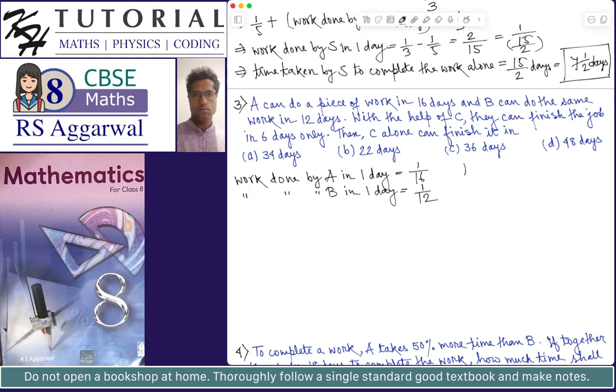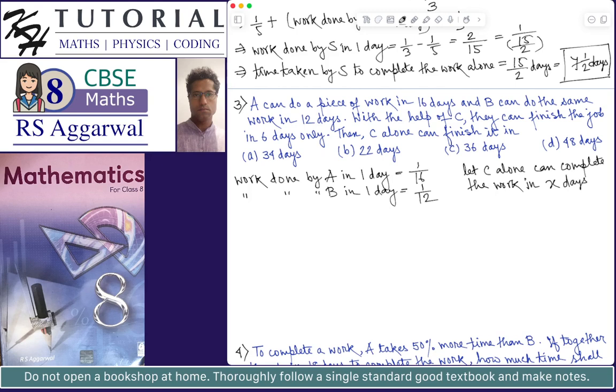So, let's assume C alone can complete the work in X days.